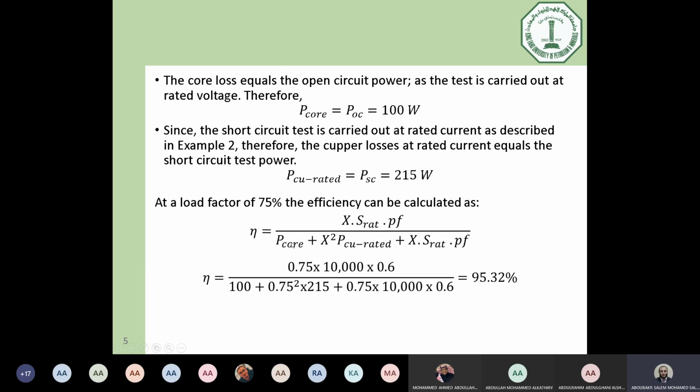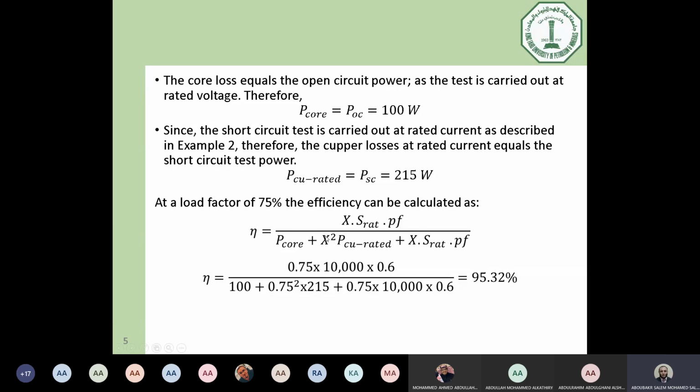This is the general relation for efficiency. Just apply 0.75 load factor multiplied by S by 0.6 power factor. In the denominator, this is the core loss, and here is the rated copper loss, which should be multiplied by X squared, because we agreed before that the copper loss is proportional to the square of load current.